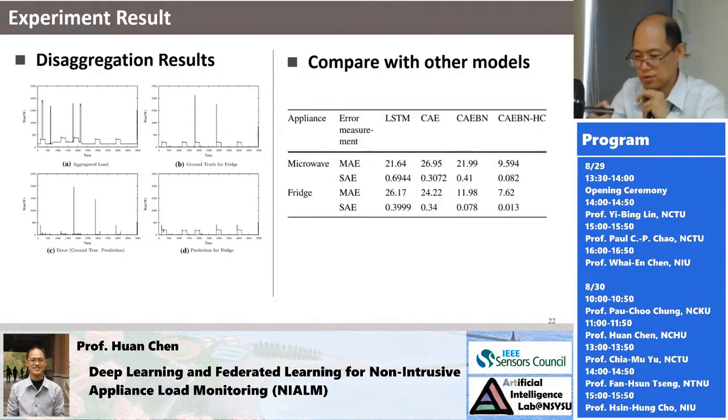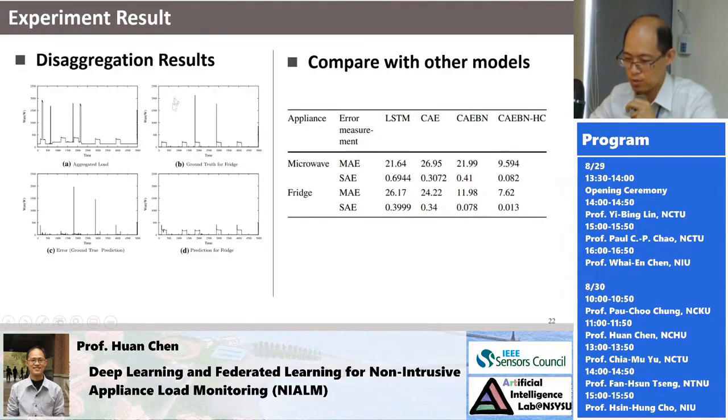This page also shows our experiment result in more detail. As you can see, figure A shows the aggregated data, and the ground truth of the fridge is shown in figure B. And this is the predicted fridge, so this is the output of our model.